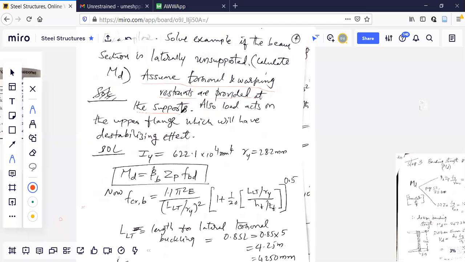It may be fixed ends, or like that. It is not allowed to buckle torsionally at the supports. Also, load acts on the upper flange. I have to place the load on the upper flange, which will have destabilizing effect.